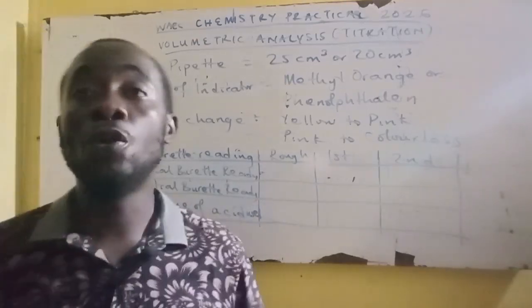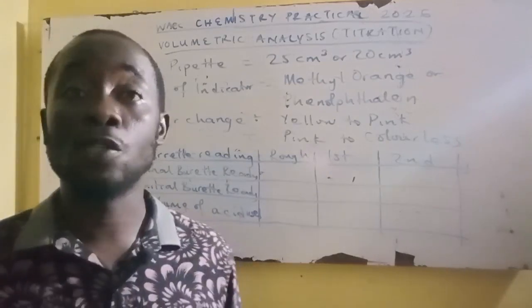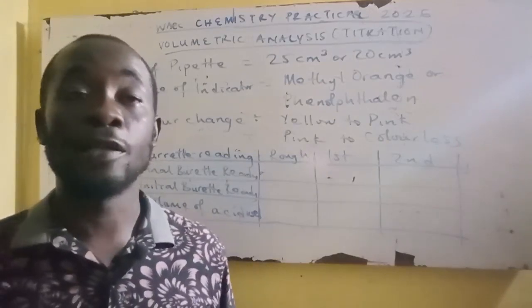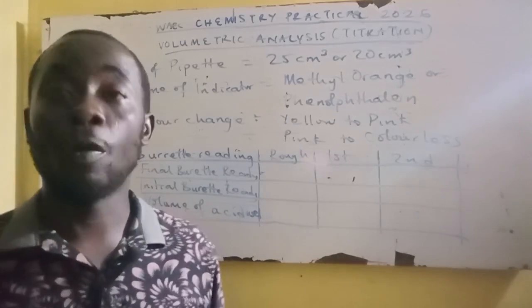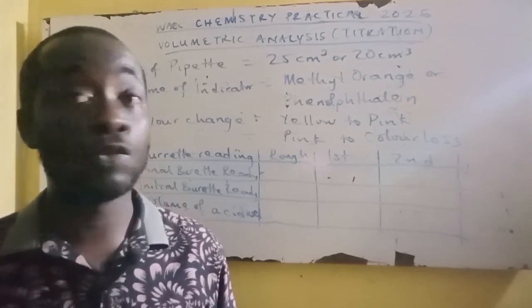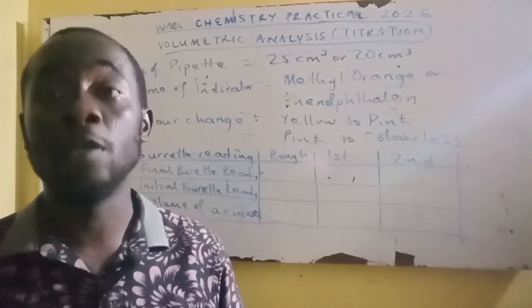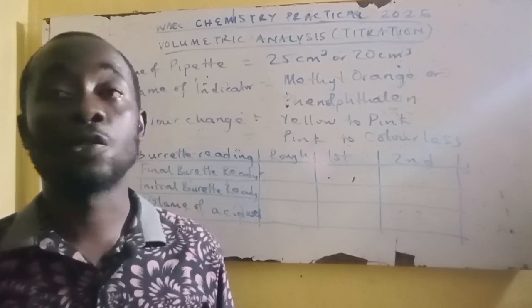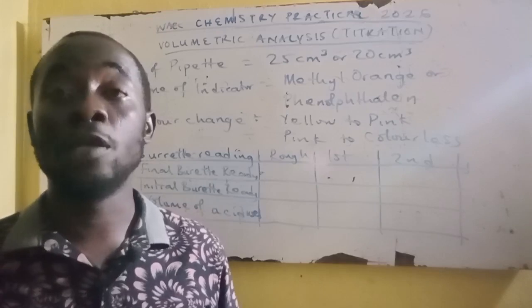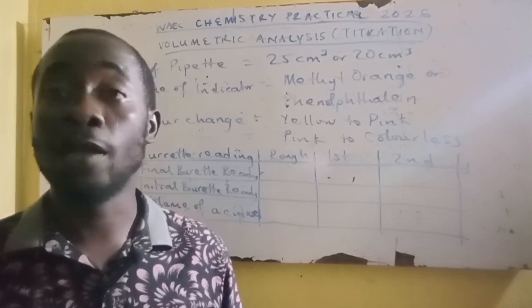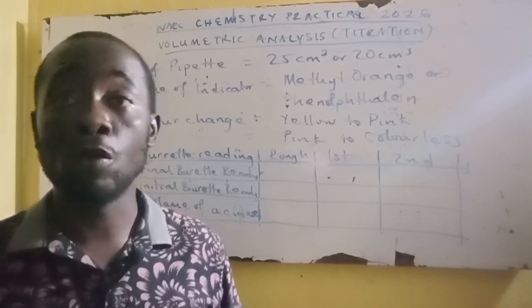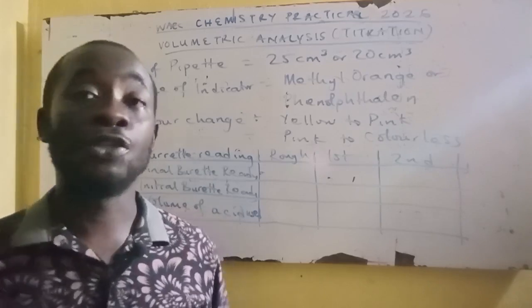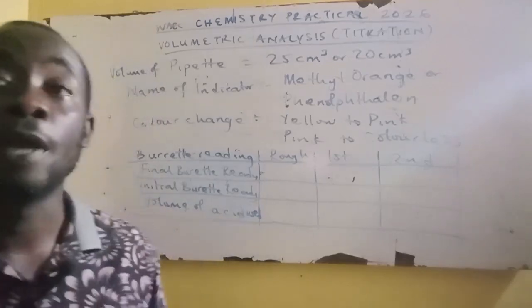Now, we all know that chemistry practical consists of two areas that we usually treat. Number one is the volumetric analysis, which is also known as the titration, and the salt analysis, which is also known as qualitative analysis. But in this video, we are going to focus on titration, that is the volumetric analysis.